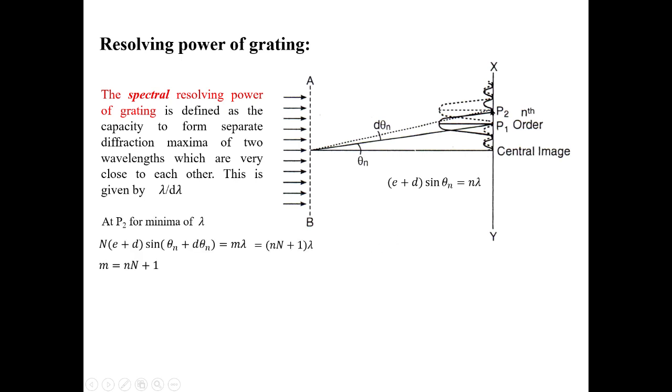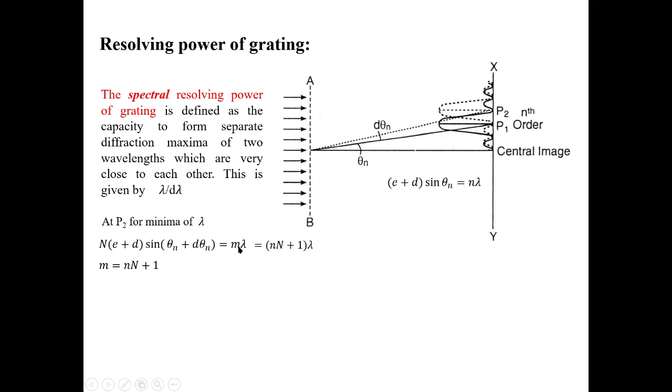At point P2 the minima of wavelength lambda is formed, and the condition for this can be written as capital N (e plus d) sine theta plus d theta equals m lambda. Here theta is the diffraction angle at P1, and theta plus d theta is the diffraction angle at point P2 on the screen.